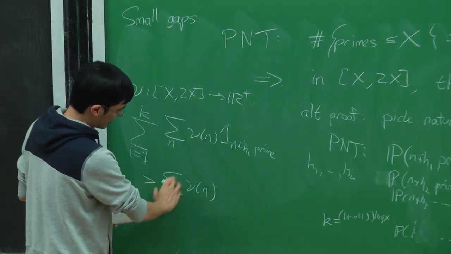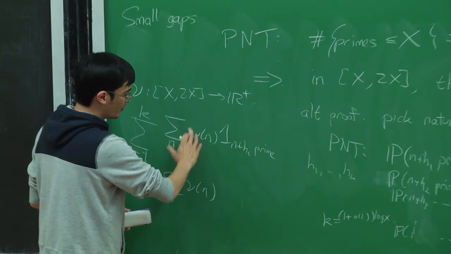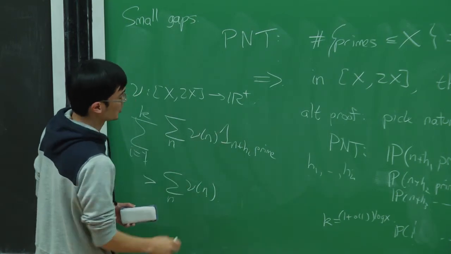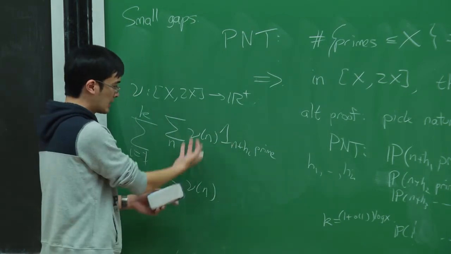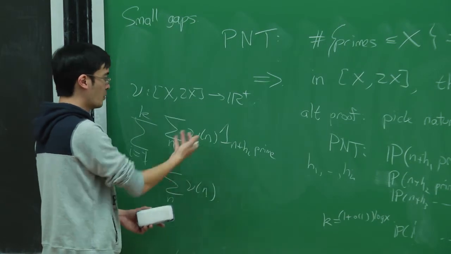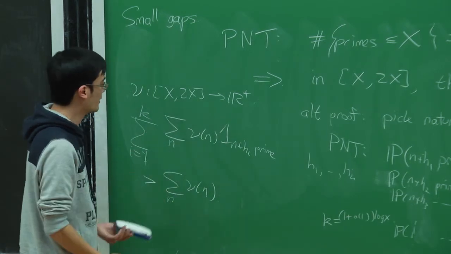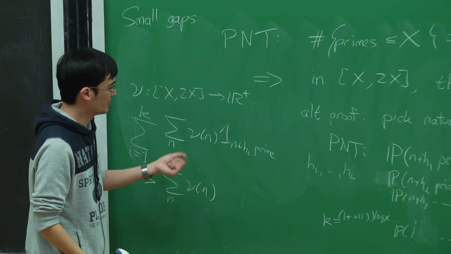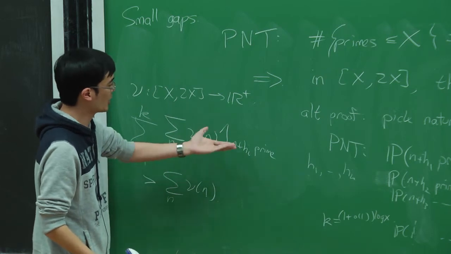If you divide by this sum, this is the probability according to this non-uniform distribution that n plus hi is prime. As soon as you can find a weight for which you have this inequality, then there must be some pair n plus hi, n plus hj, which are both prime.